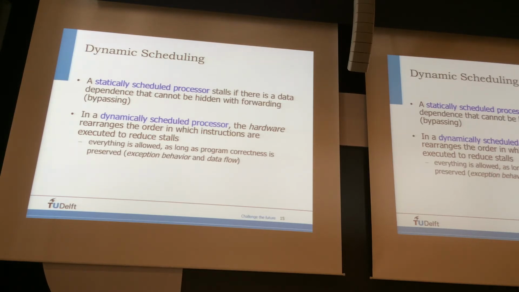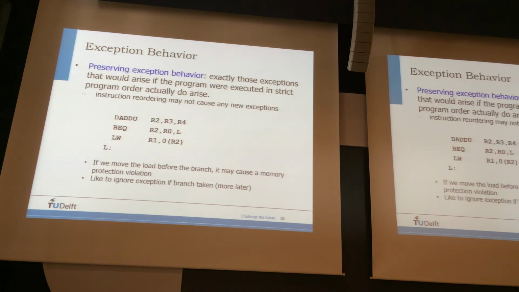Okay, now this is the story that I was telling you about. You see here I have a piece of a program, then I'm doing a kind of integer addition, then I have the branch, and then I have a load.